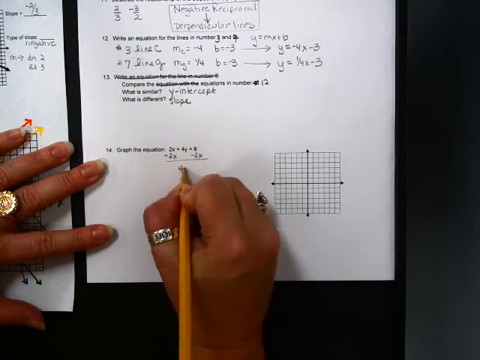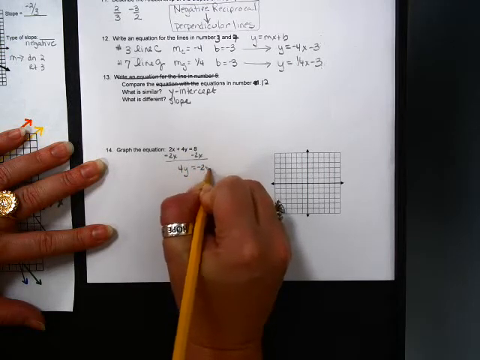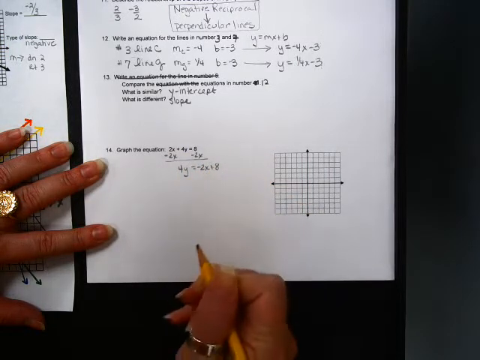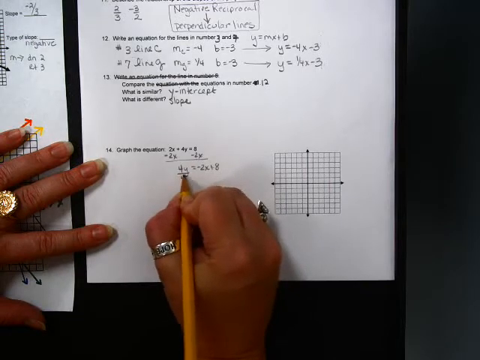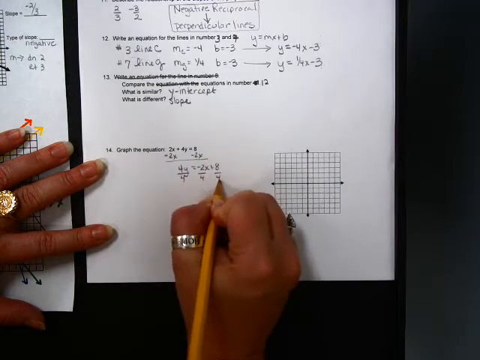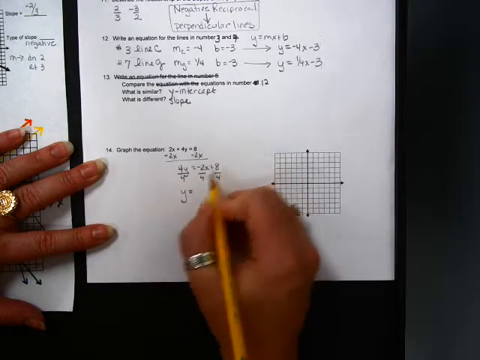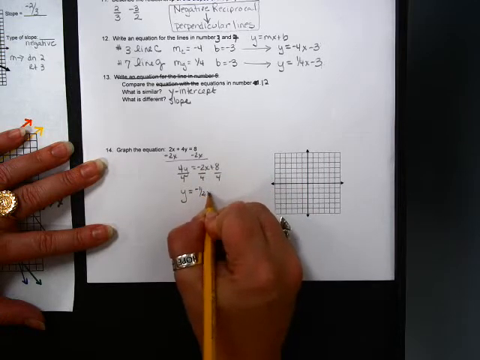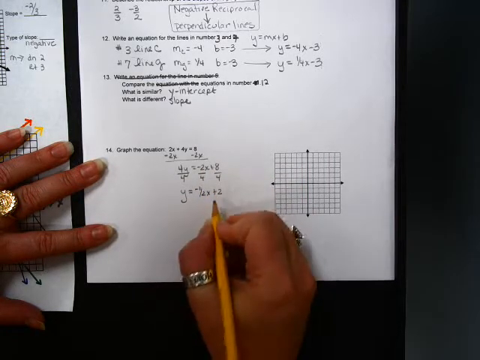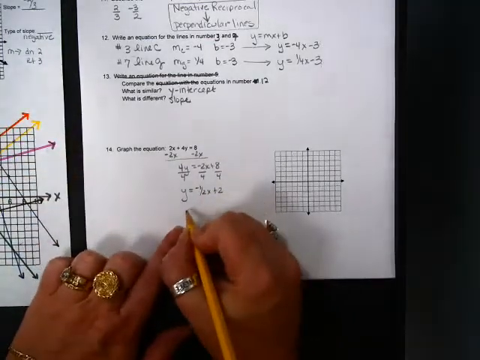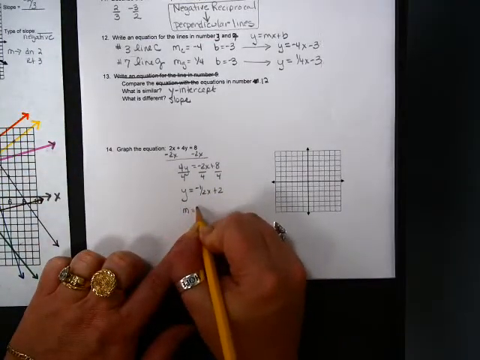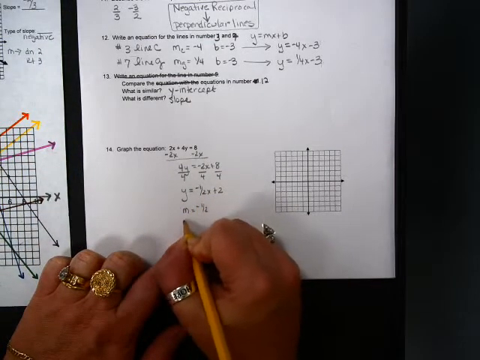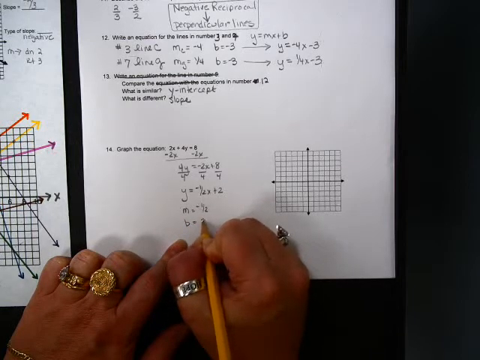I get 4y equaling negative 2x plus 8. Divide by 4 all the way through. That means y equals negative 1/2 x plus 2. Okay, so my m of this line is negative 1/2, and my beginning is positive 2.